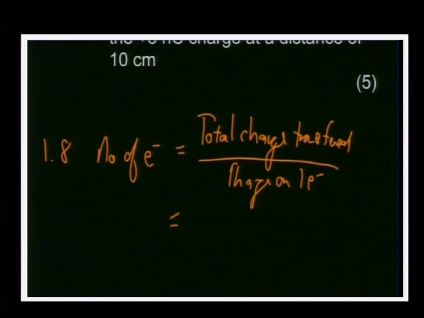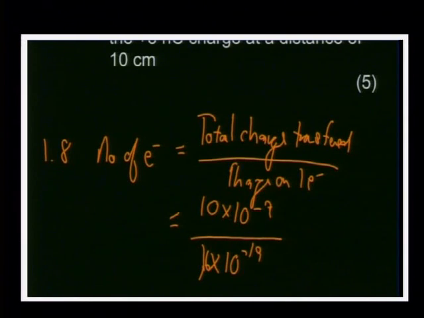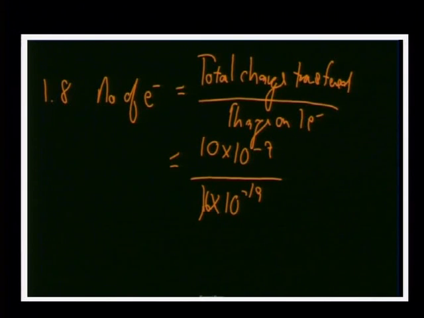The total charge transferred was -10 nanocoulombs, which was 10 times 10 to the minus 9, divided by 1.6 times 10 to the minus 19. And again, you can use your calculator and you can check the answer.